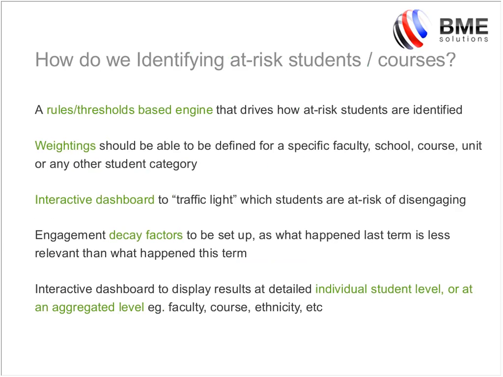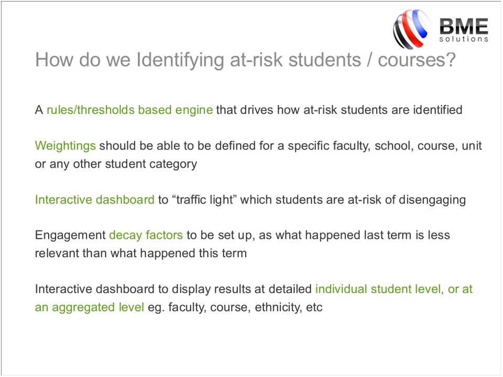In terms of identifying these students that are at risk, we've developed a sort of an algorithm or rules threshold engine which drives how students are identified. And this is mainly covered through a weightings engine where we apply a particular weighting to courses, to a particular student category, to a particular domicile.